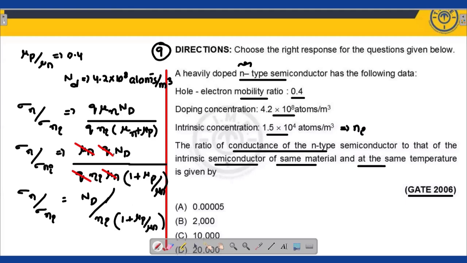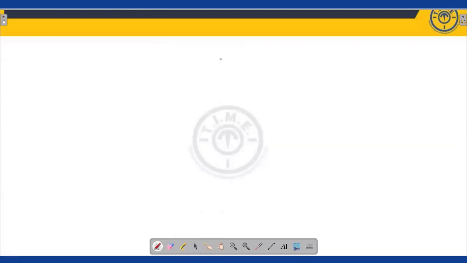Now, my dear students, I am writing on the next page the ratio of conductivity in n-type divided by conductivity in intrinsic, which is equal to ND divided by Ni.